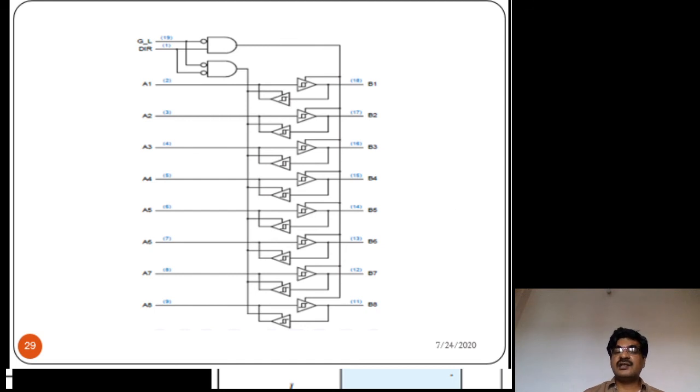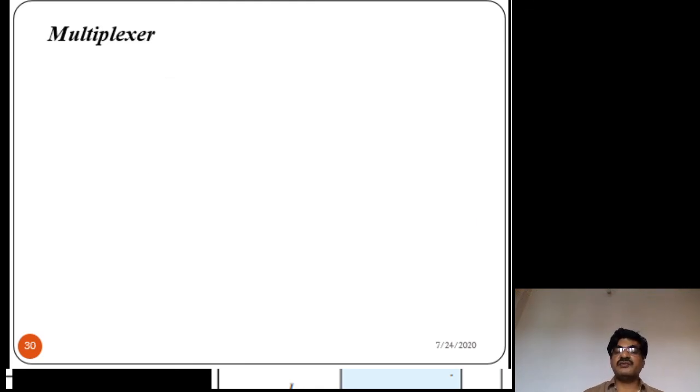You can see the Boolean expression as B equals A. So if DIR is 0, A equals B. If DIR is 1, B equals A. That is, DIR 0 means data transmission from right side to left side. If DIR is 1, the data transmission is from left side to right side. That is the functionality of this 245 IC.